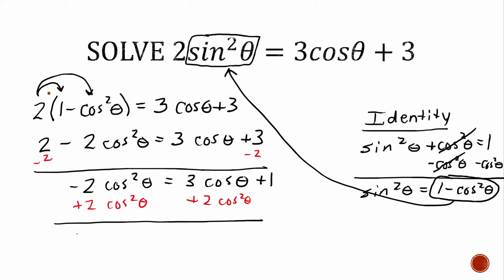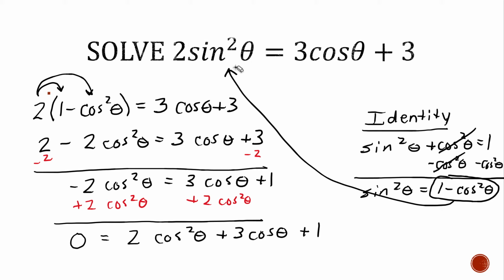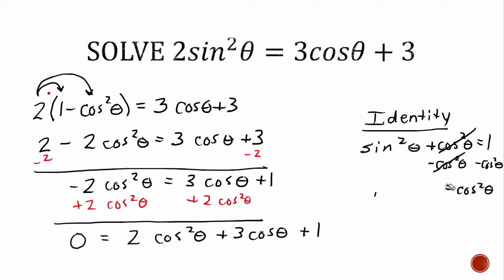All right, so this is going to give me a 0 on the left, and I'm going to put things in order as I go. So 2 cosine squared theta plus 3 cosine plus 1. And now I have it set up so that I can factor.